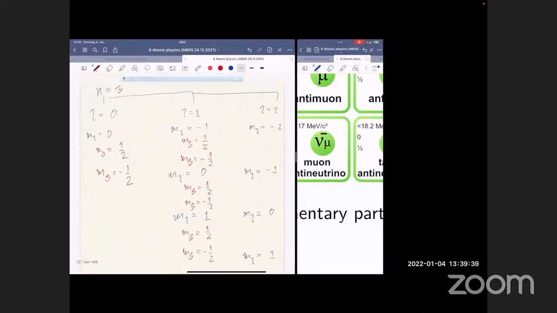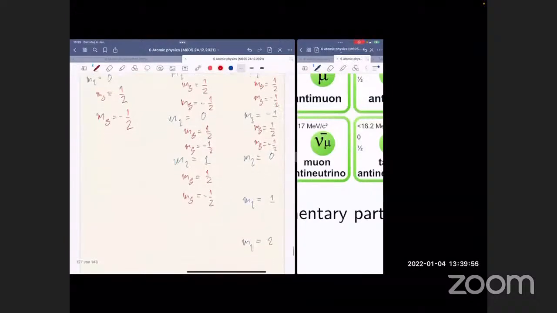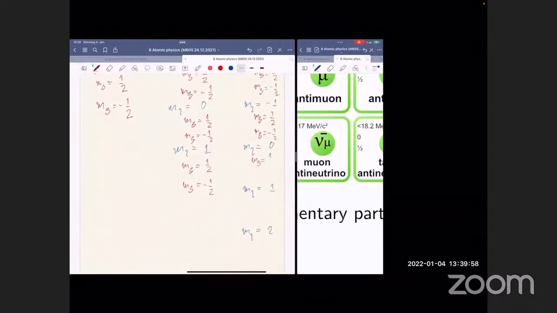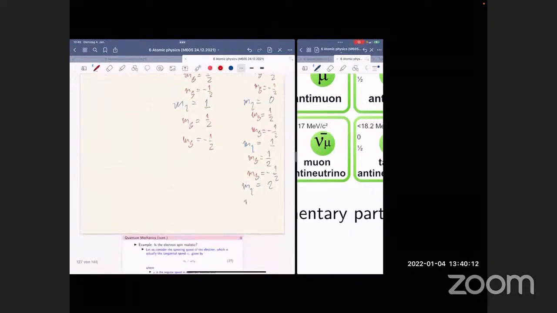The whole cases, the whole thing here. MS equal to 1/2, MS equal to -1/2.